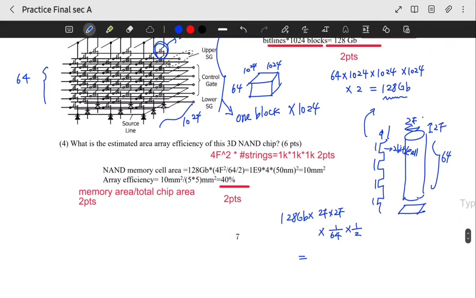So the powers of 10 automatically cancel out, and 10 to the 9 times 50 nano times 50 nano, then you will get 10 millimeter square.